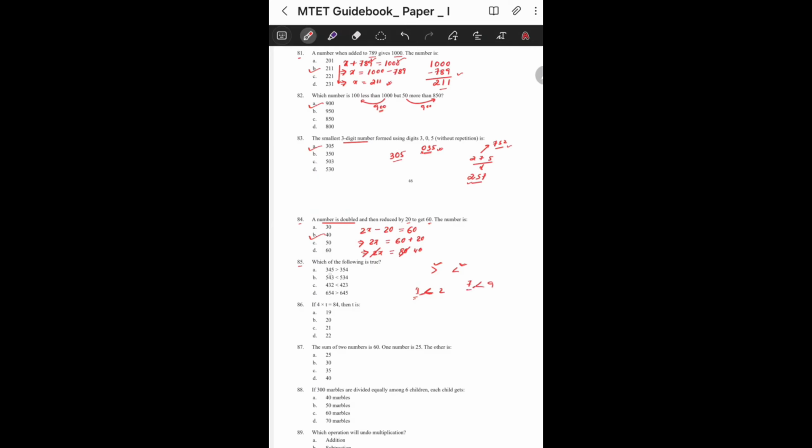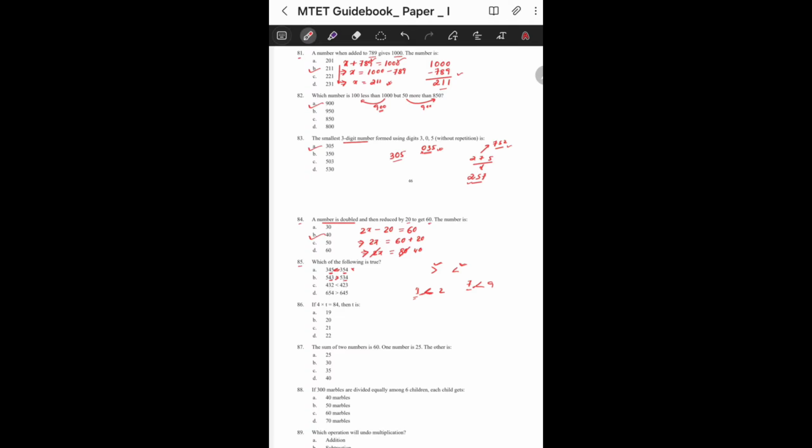Okay, so if you see here now 345 is given and 354 is given, so here 45 and here 54. So 54 is bigger than 45. Okay, 45 is small, that means that arrow sign will be on this side, so it is wrong. Similarly, here 43 and here 34. 43 is bigger than 34, that means that arrow sign should be this side.